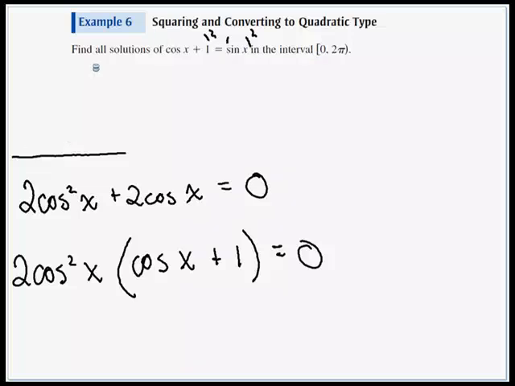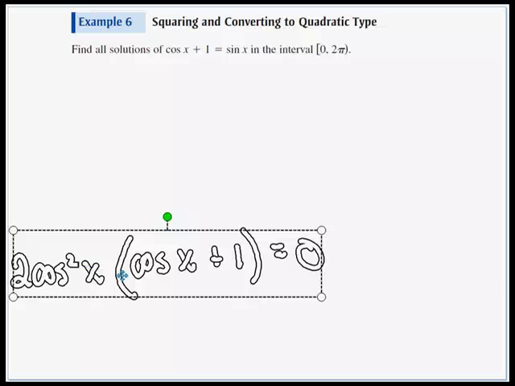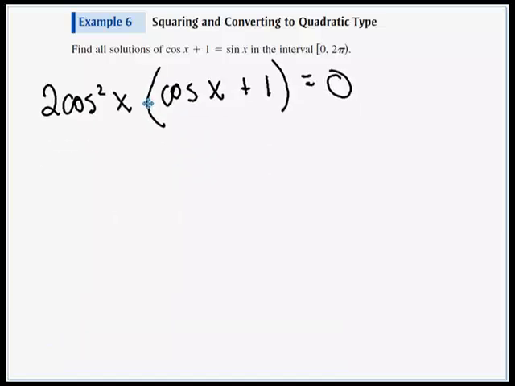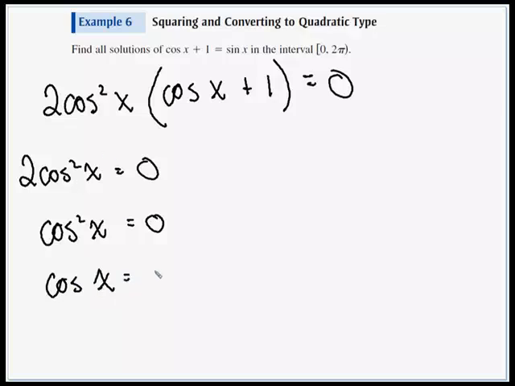And we got 2 factors set equal to 0, so we will set each factor independently equal to 0. So first is 2 cos squared of x equals 0. Divide by 2. Cos squared of x equals 0. Take the square root. Cos of x equals 0.